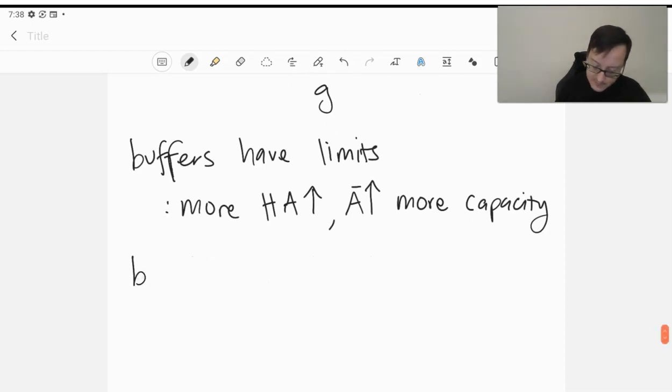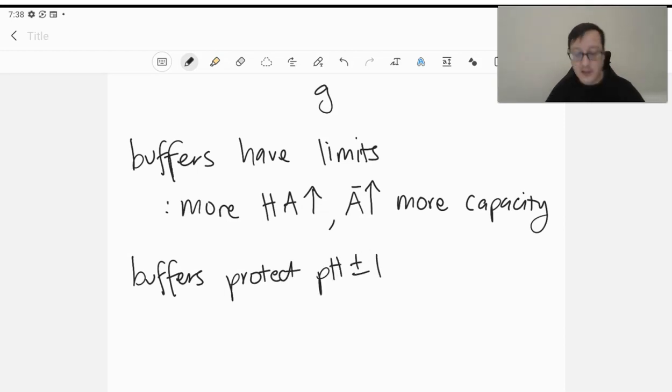Also, buffers protect the pH in a range of plus or minus 1. So if we have that buffer of pH 9, we can generally stop the pH from changing drastically until it gets above 10 or below 8.